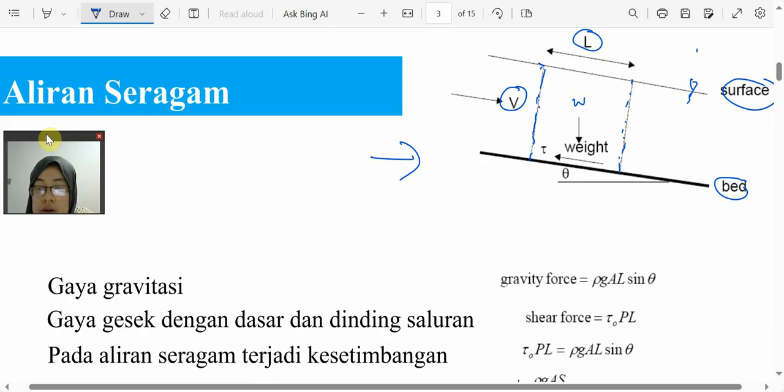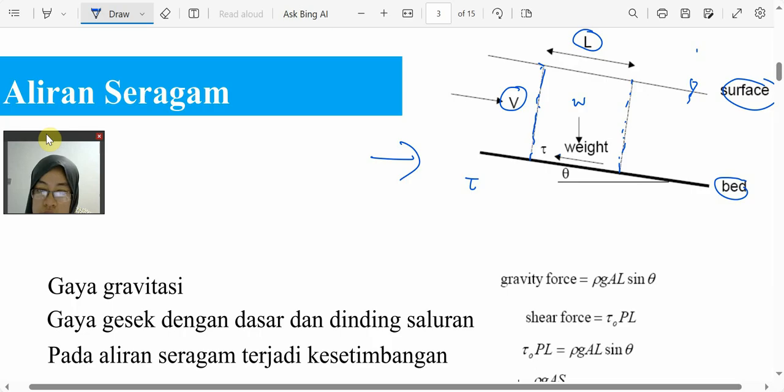Okay, so there is a shear stress or shear force, tau, happening in this particular water, that is giving a shear force in these directions.